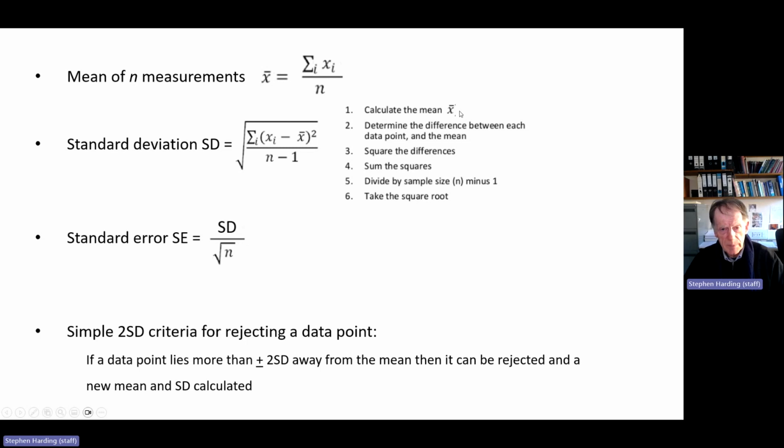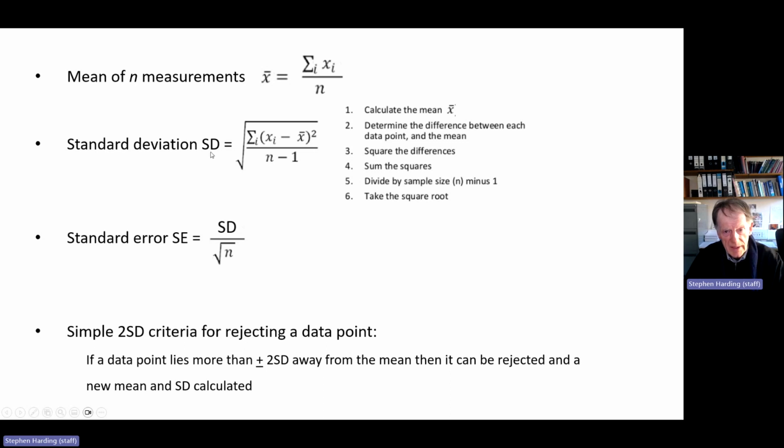So you calculate the mean, x bar, and then to calculate the standard deviation, SD, for each individual measurement, you subtract the value of the mean, and then you square that value, and then you add all these squared values together. This is the summation term here. Then divide by the number of measurements minus 1, and take the square root of that.